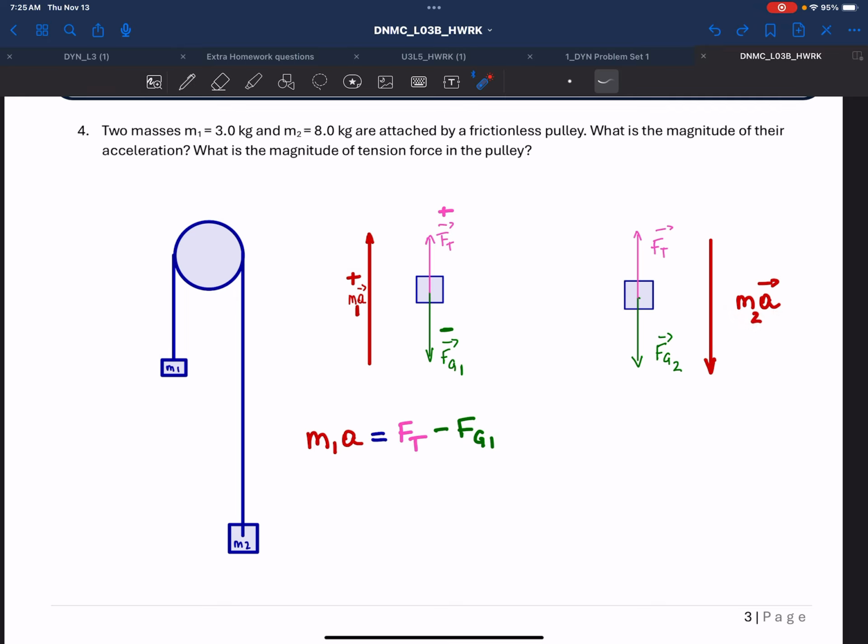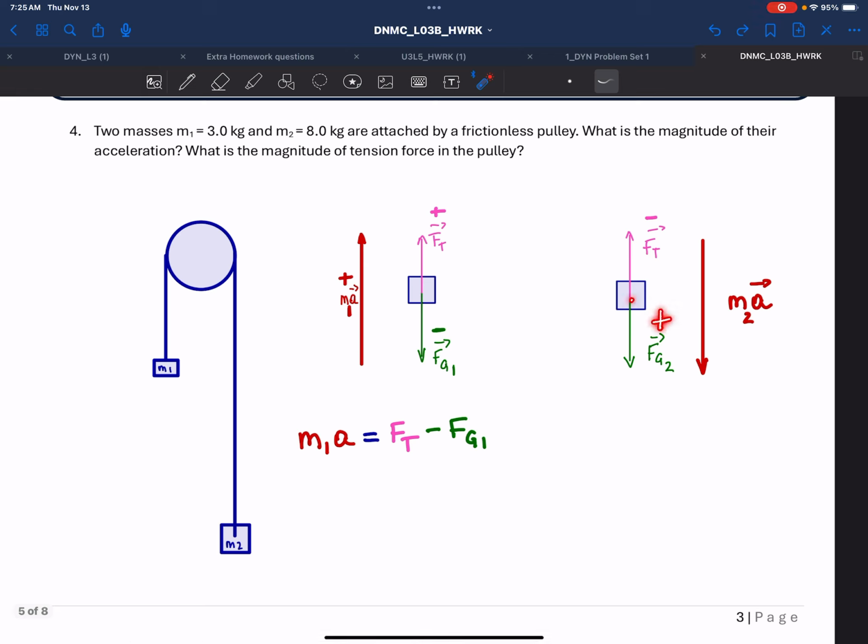Now, in a similar way, we're going to create the equation. We're going to have the directions first. As you can see here, we have two forces that go down and only one force that is going up. So it would be easier in this case to consider these two as positives and the force of tension negative.